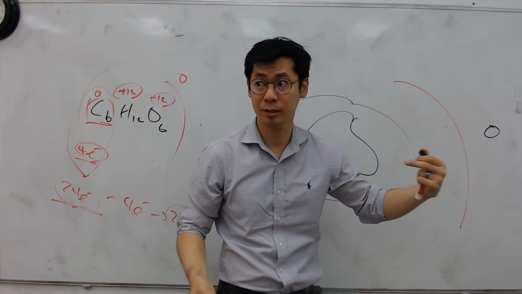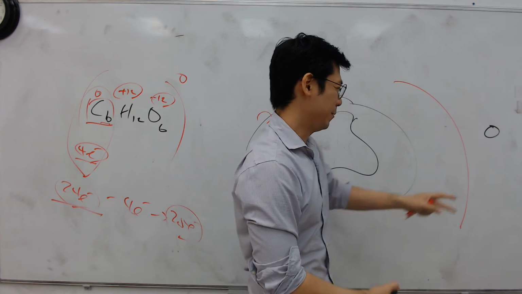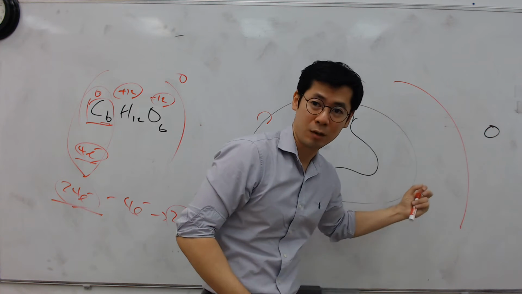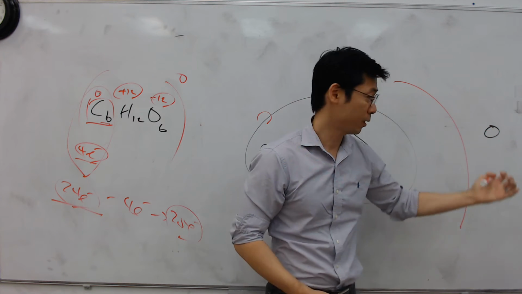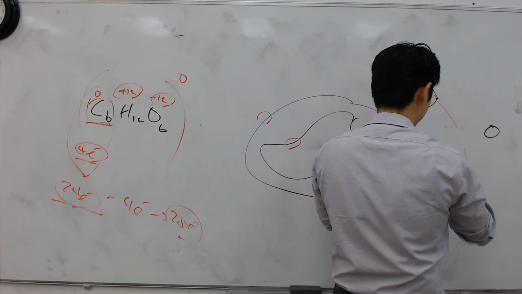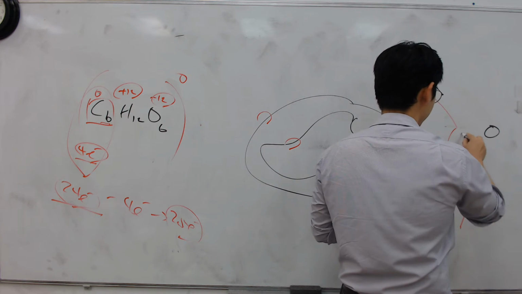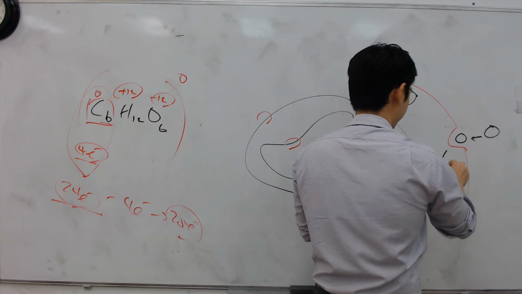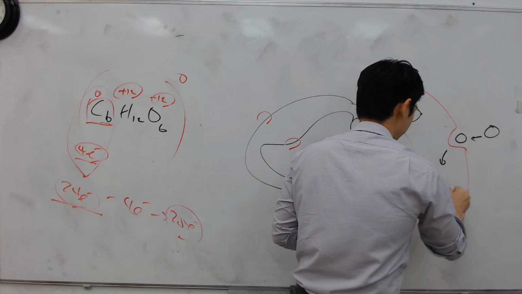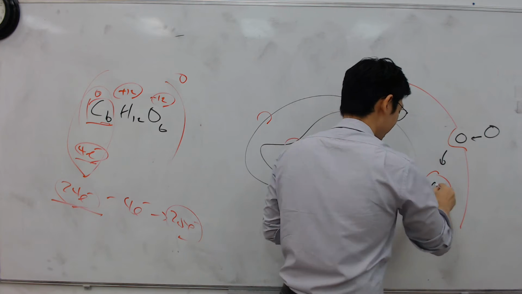If this cell is engulfed, that's endosymbiosis. The membrane will pinch in like this, and this cell will come in, and it will turn into a vesicle like this. That's what happens.